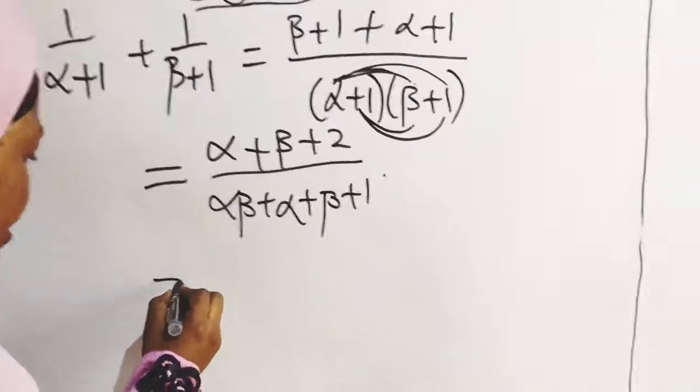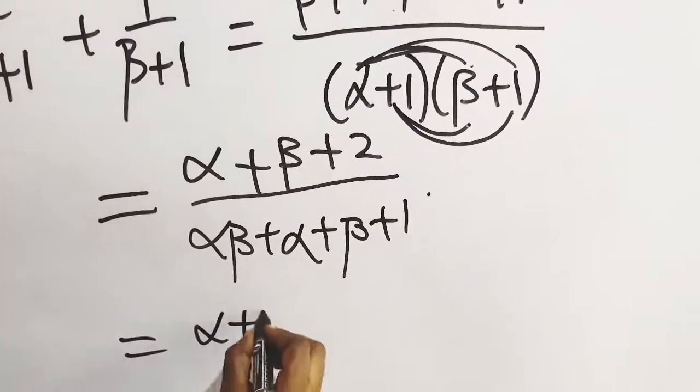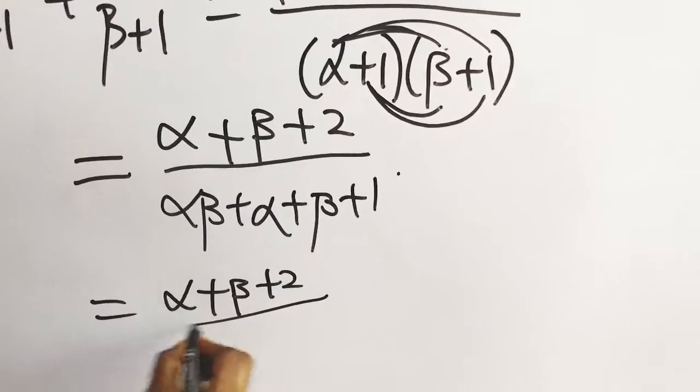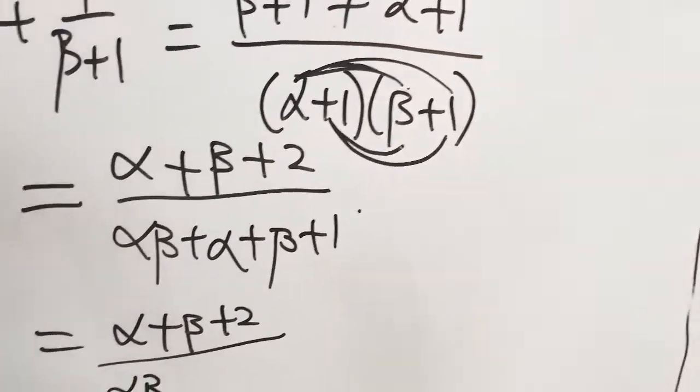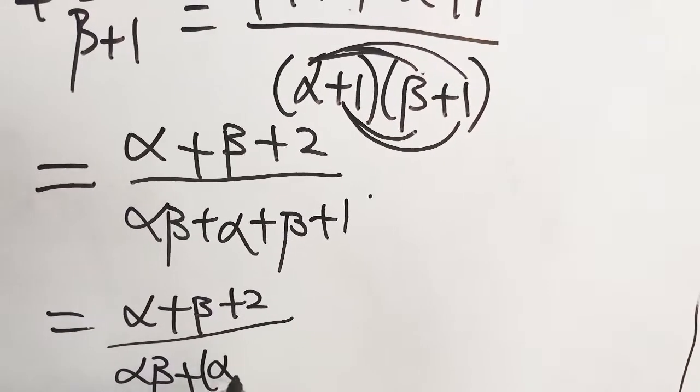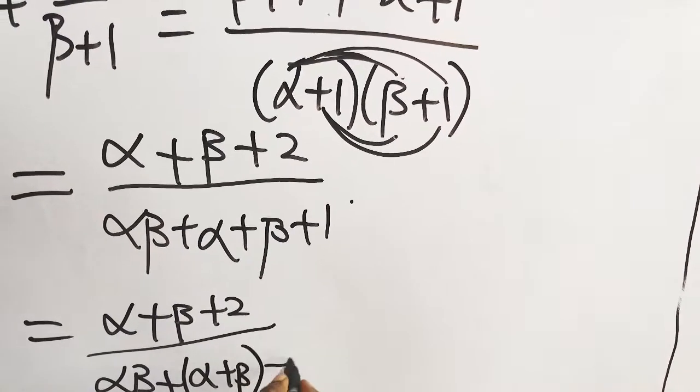So here we have sum of roots plus 2 over product of roots, then plus sum of roots, then everything plus 1.